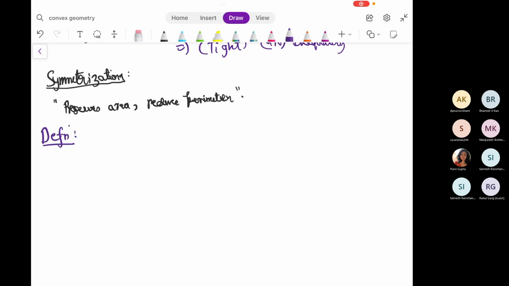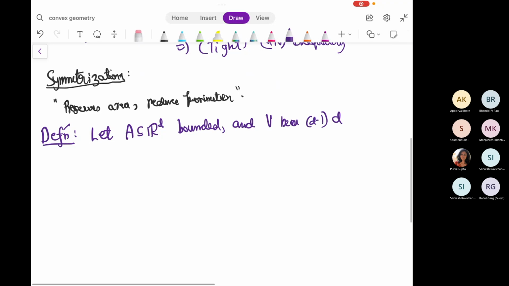You start with a bounded set A, and you start with any d-1 dimensional subspace V, since I'm working in dimension d.